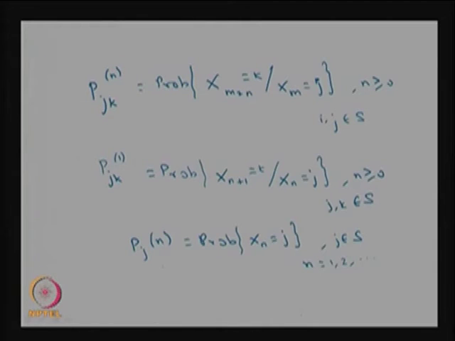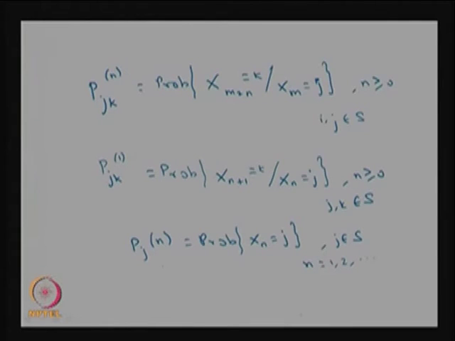That means we know the initial probability vector of X_0. So how are we going to find the distribution of X_n for n equal to 1, 2, 3 and so on?